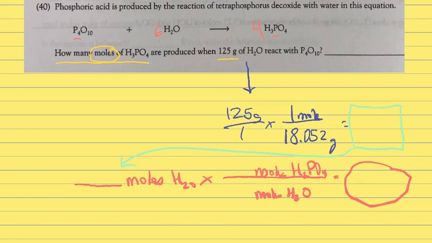Okay, so we can put a 4, it looks like, up on the top here, and a 6 on the bottom. And now when we multiply whatever this answer worked out to be, multiply that times the 4, divide by 6, and your answer will come out in moles of H3PO4.